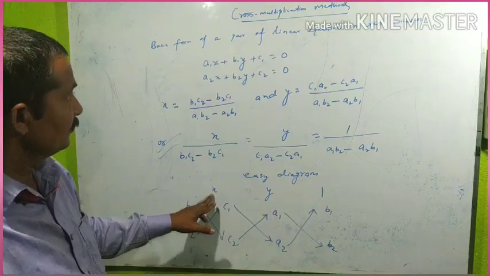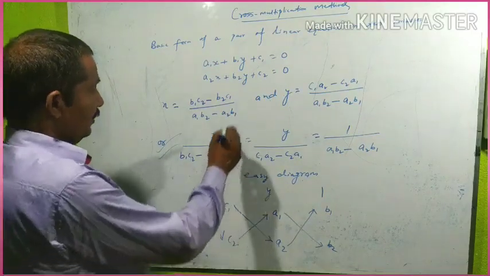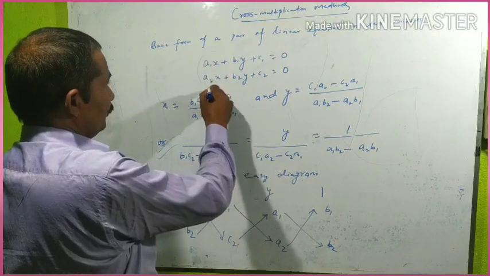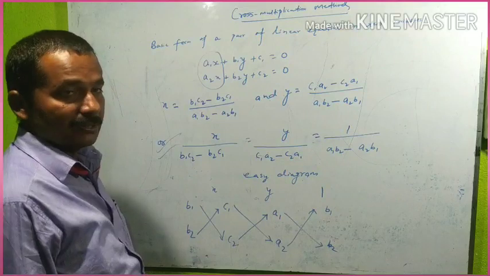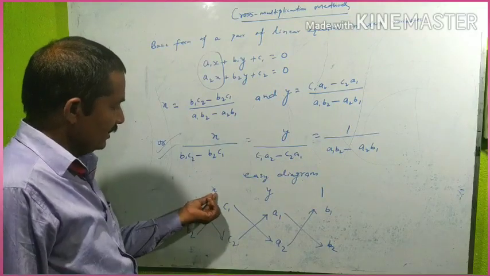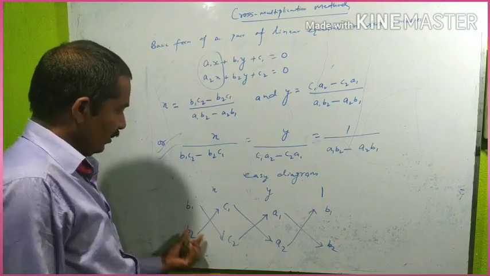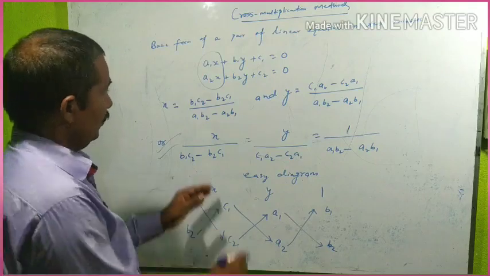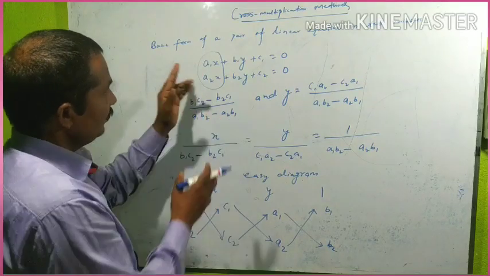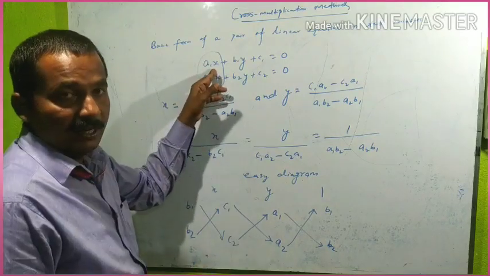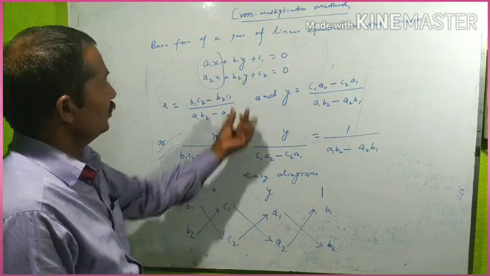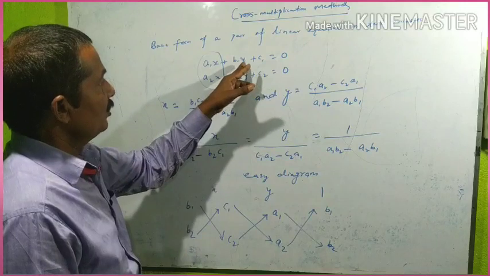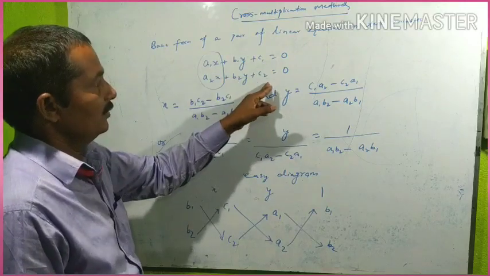The x terms are a1x, a2x. And these two you see here, b1, b2 and c1, c2. So except the coefficients of x, you will write the coefficients of the remaining two, meaning the coefficient of y and the constant terms.